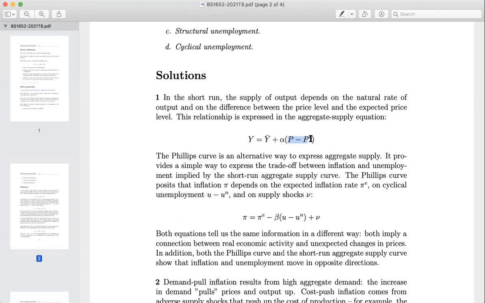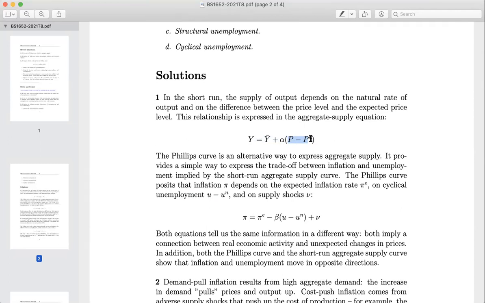So the Phillips curve tells us similar information, if not the same, just in a different way, and that's why many economists treat the Phillips curve as the same thing as the supply curve.